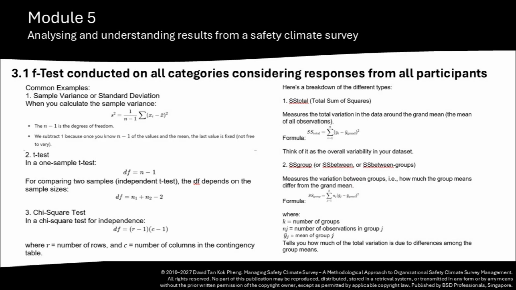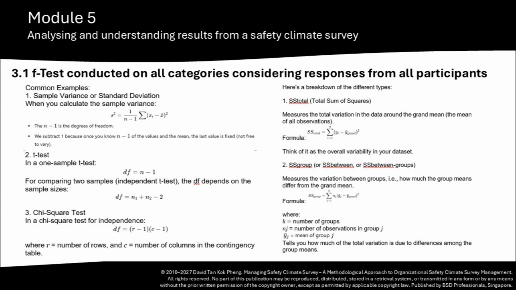For an independent t-test comparing two samples, the degrees of freedom are based on the combined sample sizes, typically calculated as n_1 plus n_2 minus 2, depending on the assumption of equal variances.